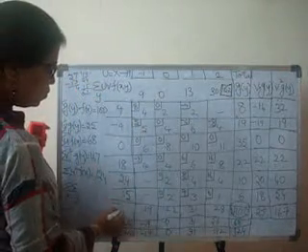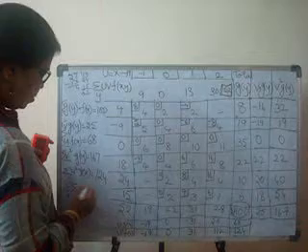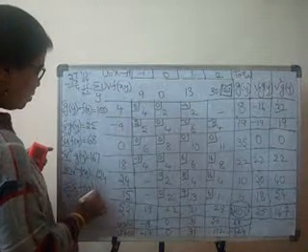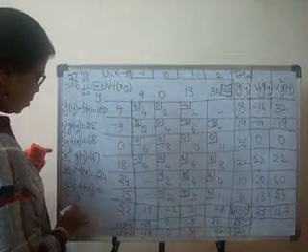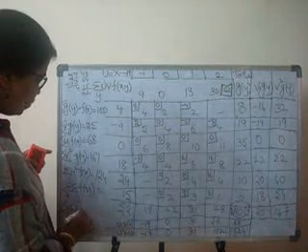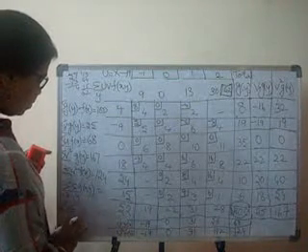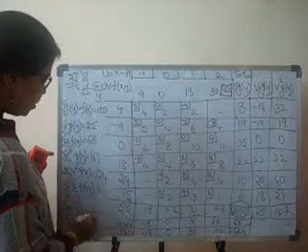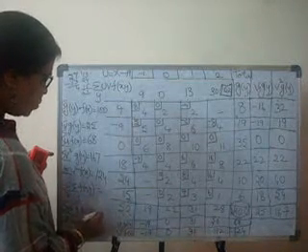This is also summation over x y of f of x comma y, which is equals to 50.